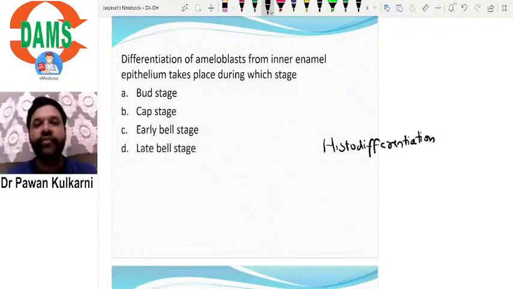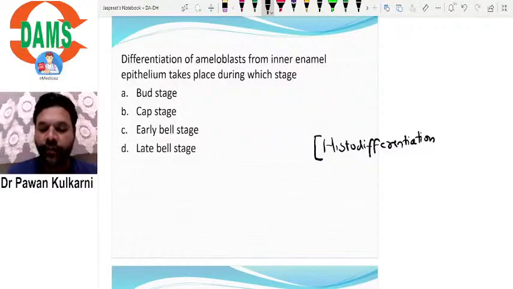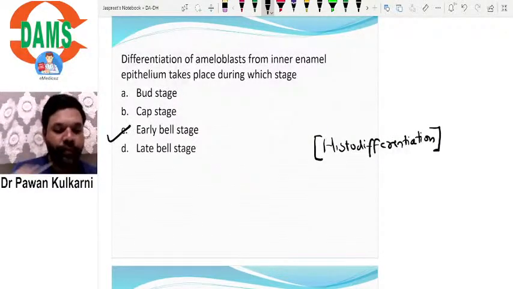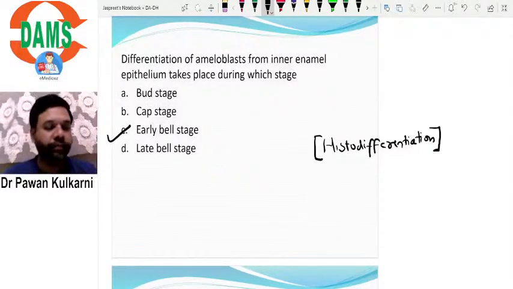The histodifferentiation phase corresponds to the early Bell stage. So the question is: differentiation of the ameloblasts from the inner enamel epithelium takes place during which stage? During the early Bell stage.